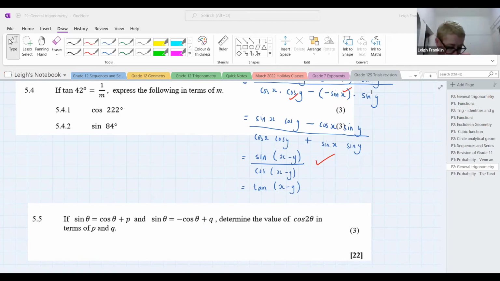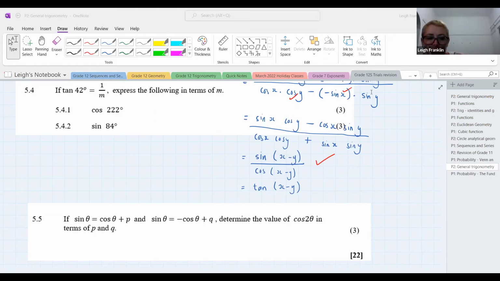Can you see there? Okay, so you got sine theta plus cos theta, absolutely.